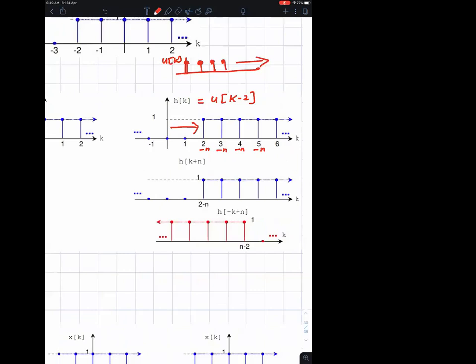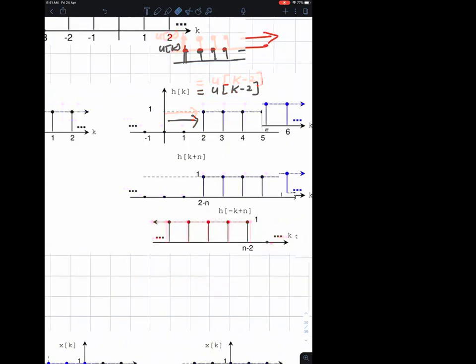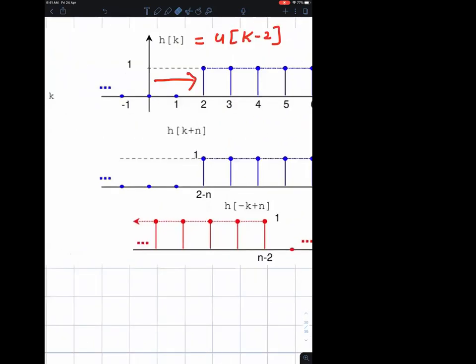If you plus n, it is the same as subtracting. That's how you get 2 minus n. So here is going to be 3 minus n, 4 minus n.